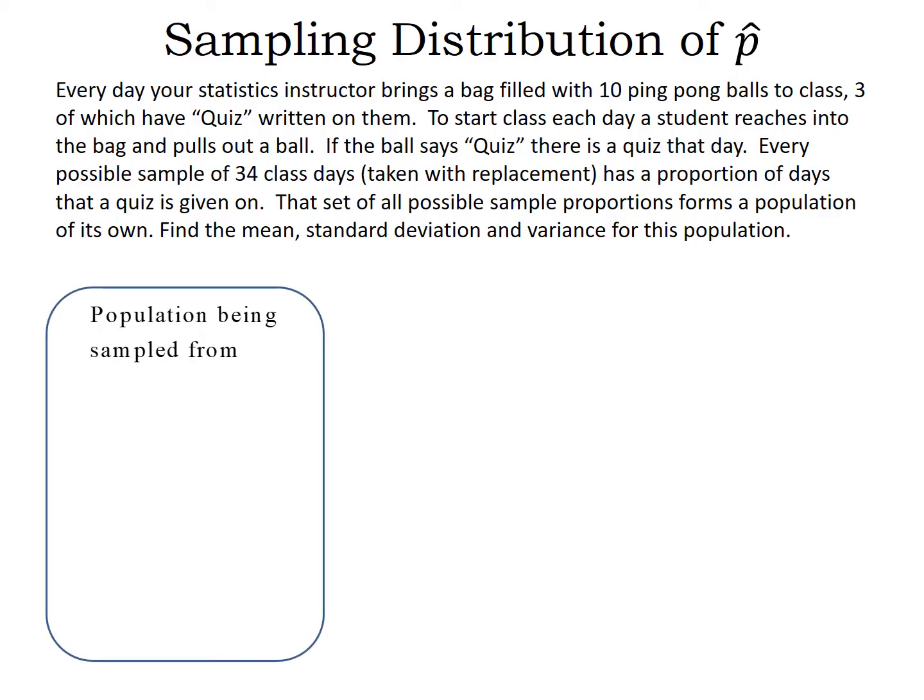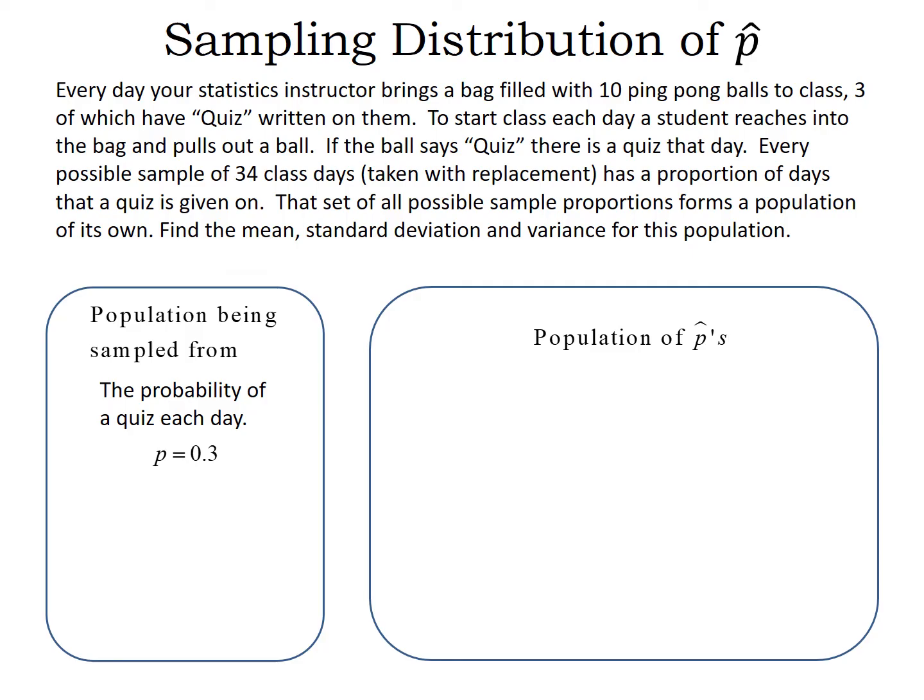So the population being sampled from are the individual days where you either do or don't have a quiz. And the probability of having a quiz on each random day is 3 out of 10. Because again, there's 10 ping pong balls and 3 of them say quiz on them. So when we start talking about p-hat, the sample proportion, for some groups of 34, you may have 0 out of 34 quizzes.